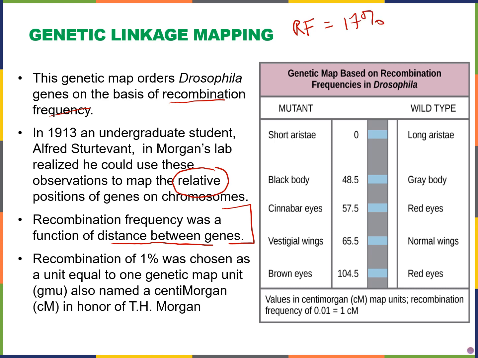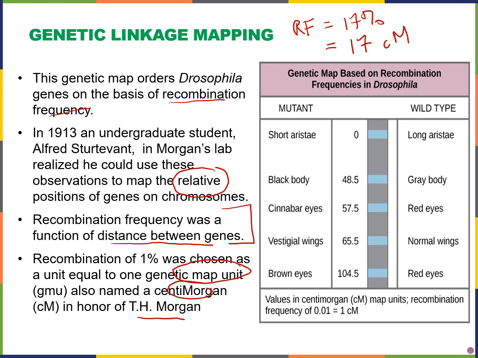But we're going to say that 1% recombination frequency is the same thing as 1 genetic map unit, which is also called the centimorgan. So we can also consider recombination frequency as a unit of distance. And if we do that, we would change this to 17 centimorgans.